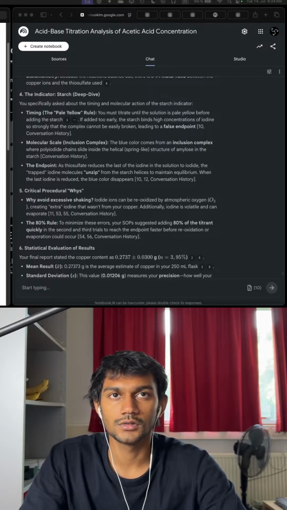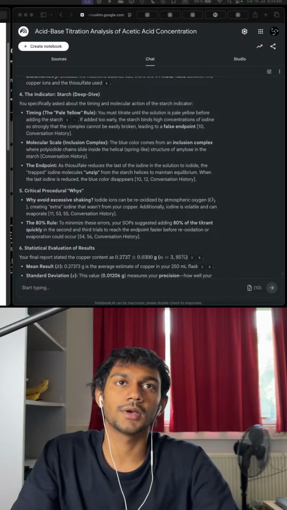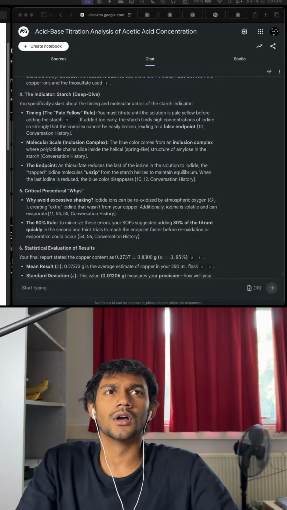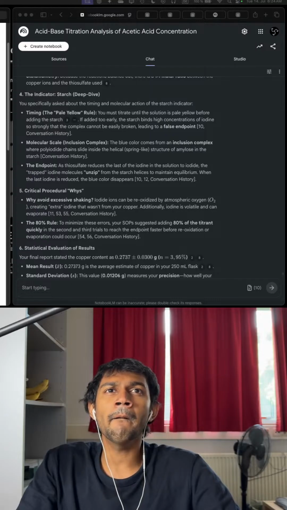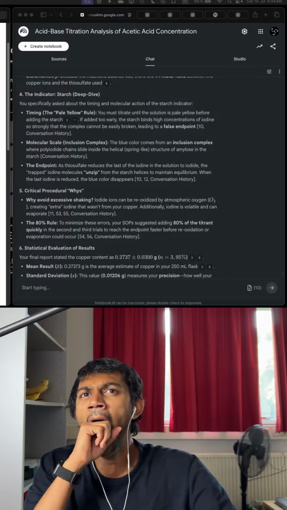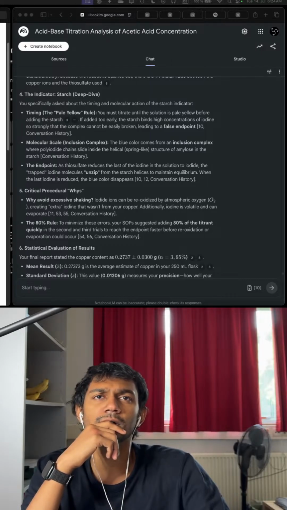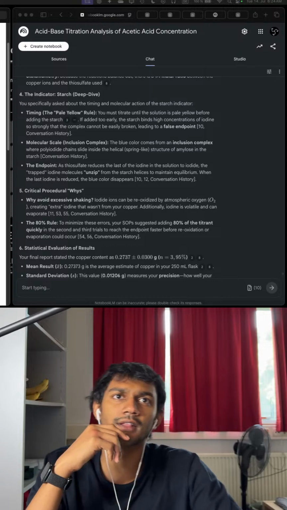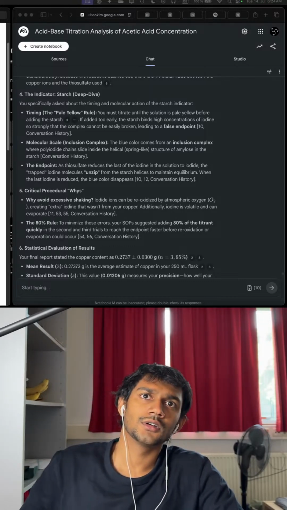You titrated the liberated I2 with your standardized thiosulfate. The thiosulfate reduces iodine back to iodide ions. So you add potassium iodide to your copper sample. Copper oxidizes iodide anion to produce molecular iodine and off-white precipitate copper iodide.